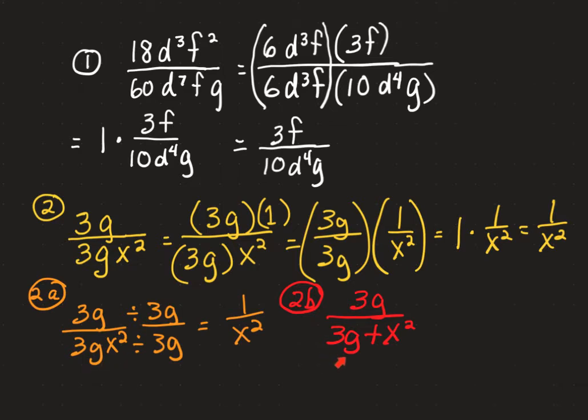In 2b, you have the term 3g, but then x squared is added to it. You now have two terms. You cannot cancel if one of the things you're canceling is part of a polynomial, in this case a binomial. You have to factor out a greatest common factor first.